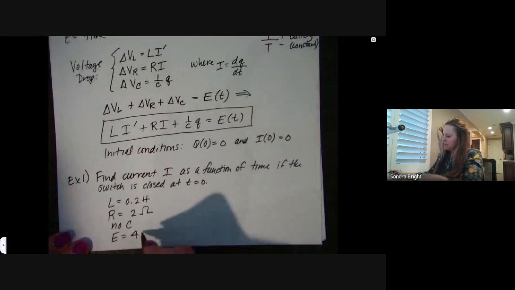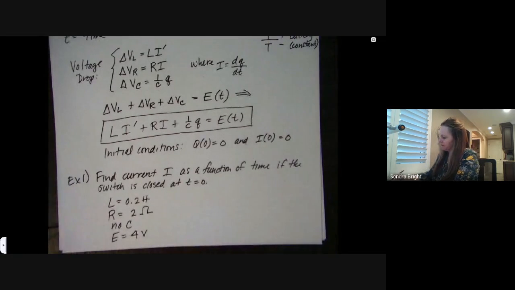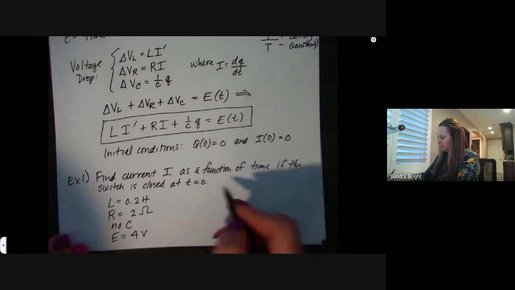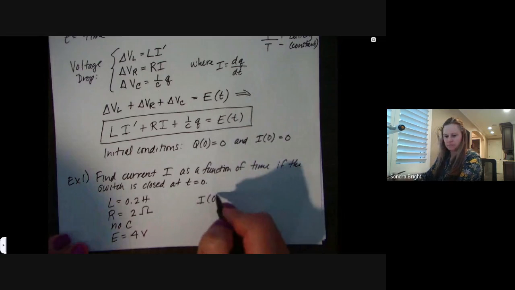All right, and then keep in mind we also have that the current at 0 is 0.